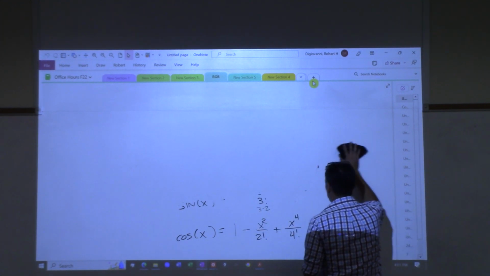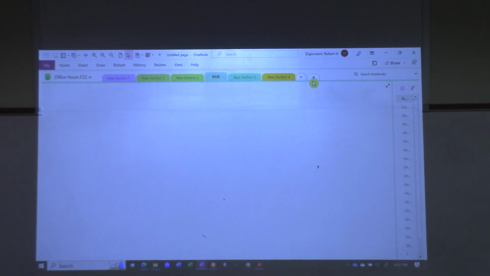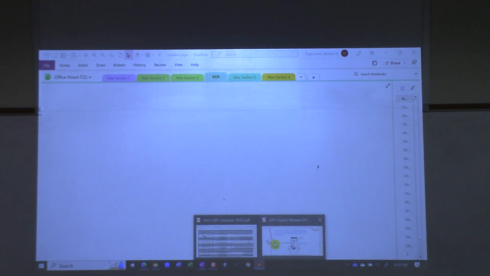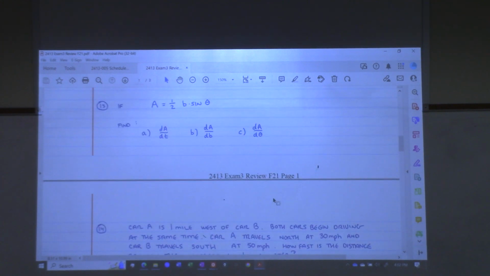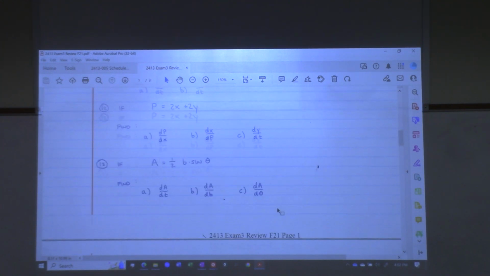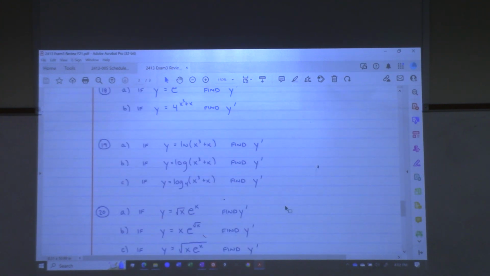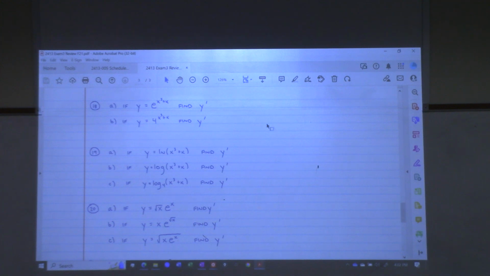All right. Let's do a couple of practice problems. I'm going to let you do these. So, you know how I was showing you that problem with the piston? That actually came off a review. That was a test 2 review. So I'm going to zoom this out a little bit. Can you all see that enough?